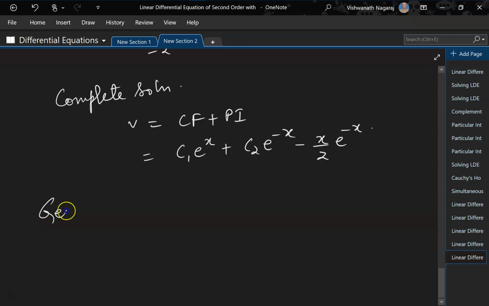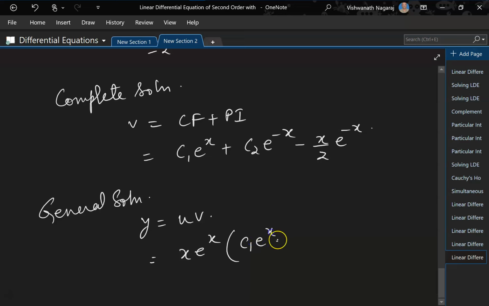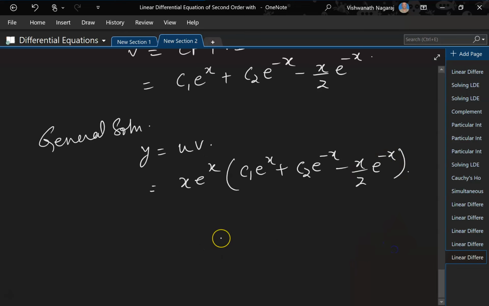And the general solution would be, remember, y is equal to uv. u is x e to the power of x, times v, which is c1 e to the power of x plus c2 e to the power of minus x minus x by 2 e to the power of minus x. Now, remember, some additional information has been given. That means we have to figure out c1 and c2 as well.